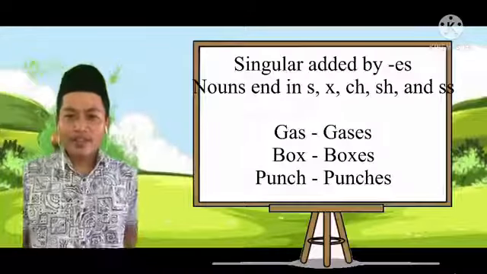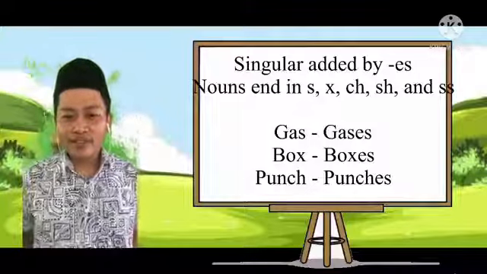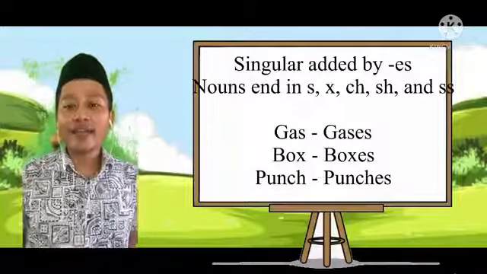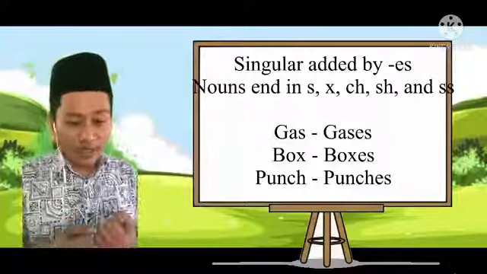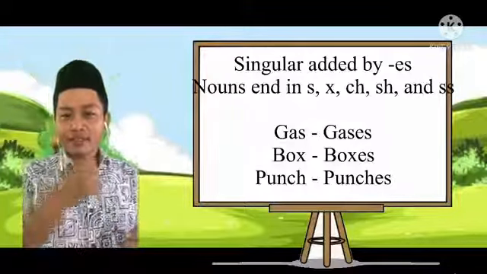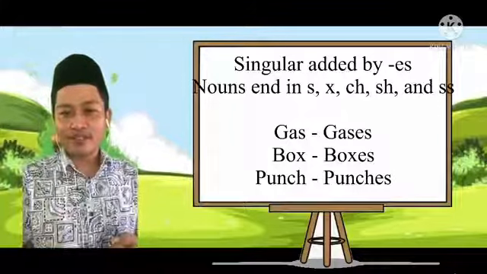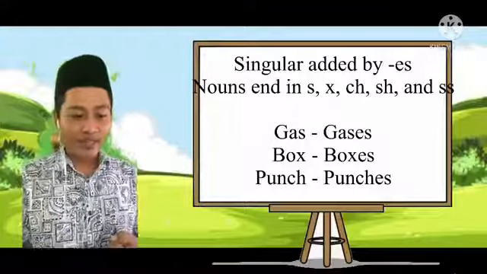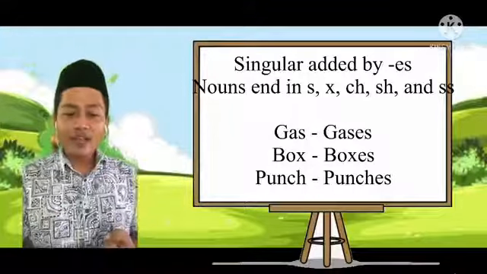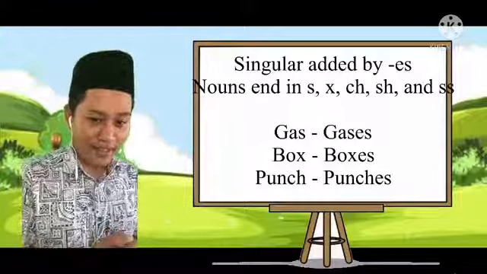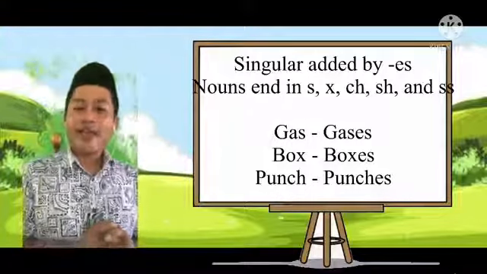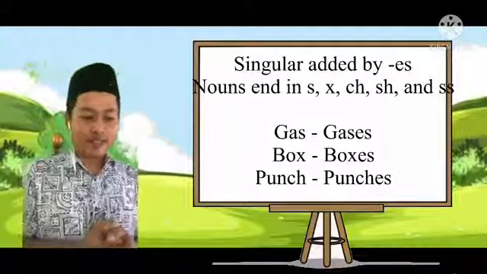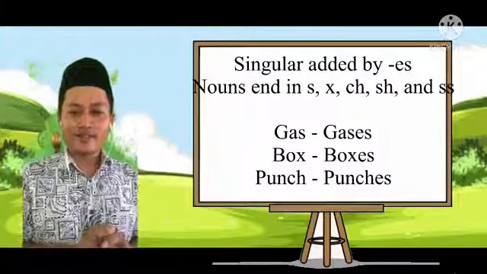The next part explains the singular that is added by es. There are many patterns here. For example, the singular that ends in s, x, ch, sh, and ss.